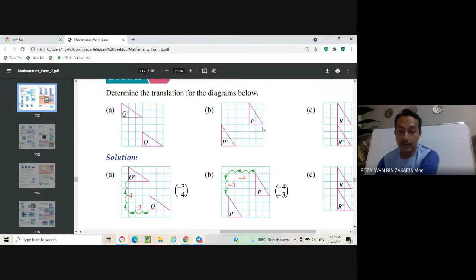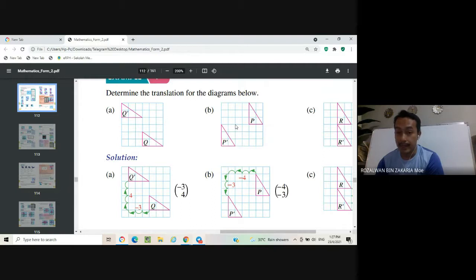Let's say we take this vertex here to the vertex here. How to know the movement? The movement should start with the x-axis first. Starting here, we move 1, 2, 3, 4. We move 4 units to the left, that means minus 4.